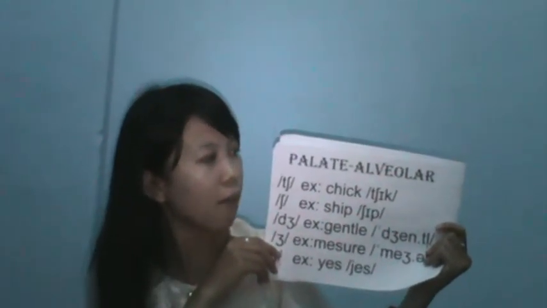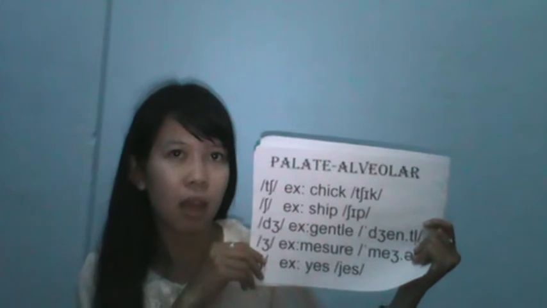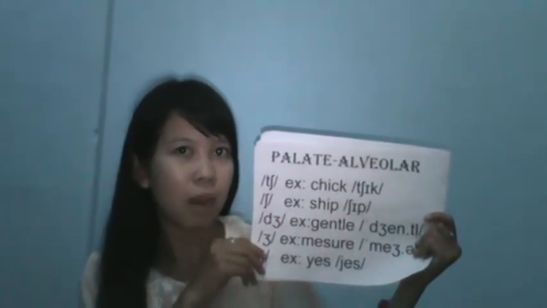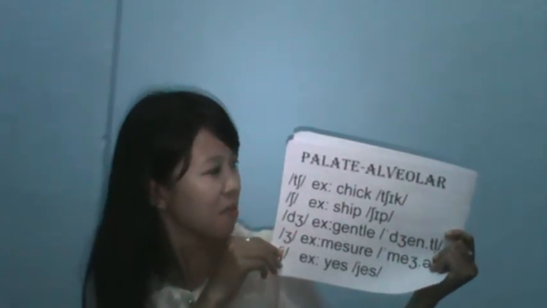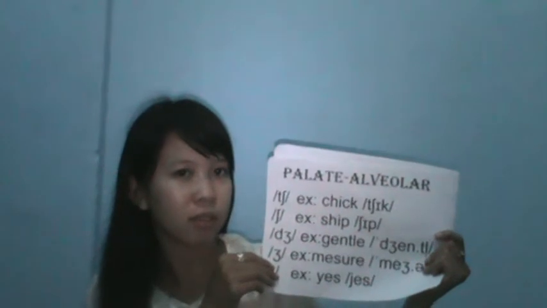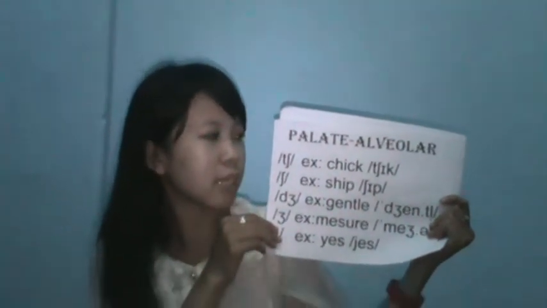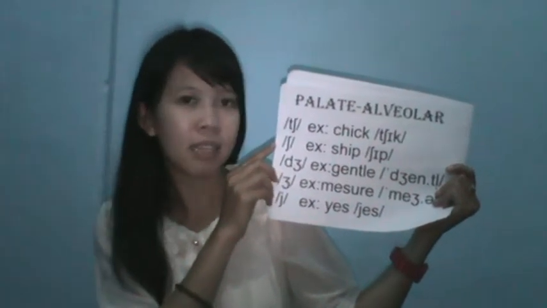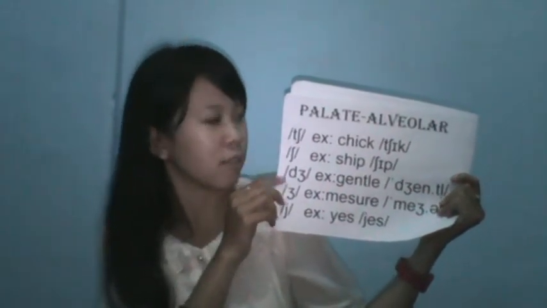And then we are going to the palatal alveolar. It is touching the tongue to the palate. The first is the ch sound. For example, cheek. And then the sh sound.